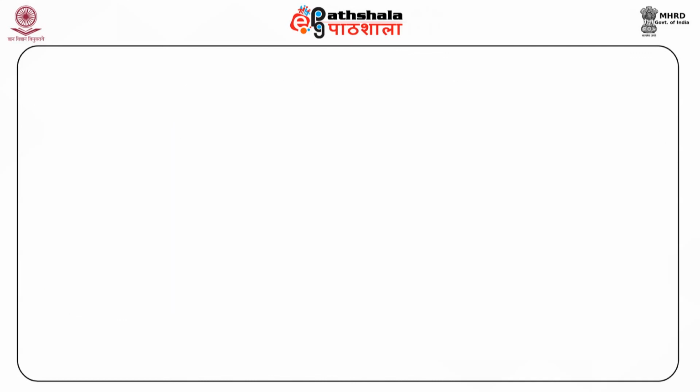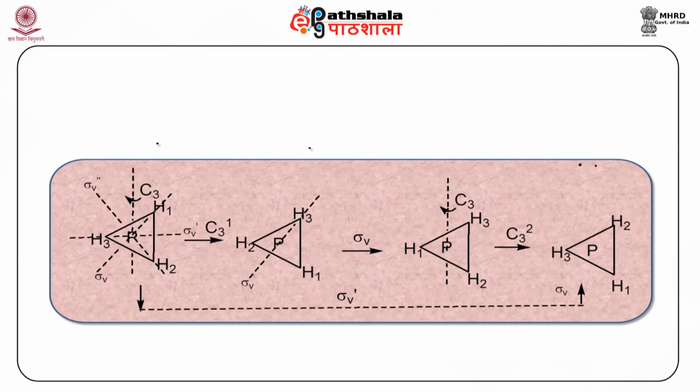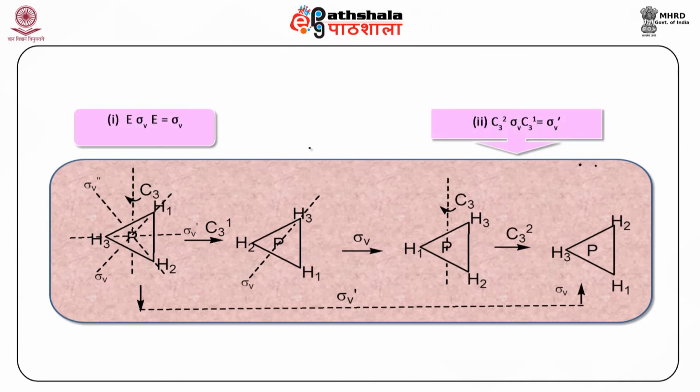This is the third similarity transformation in the PH3 molecule, where C31 and C32 are the reciprocal of each other.